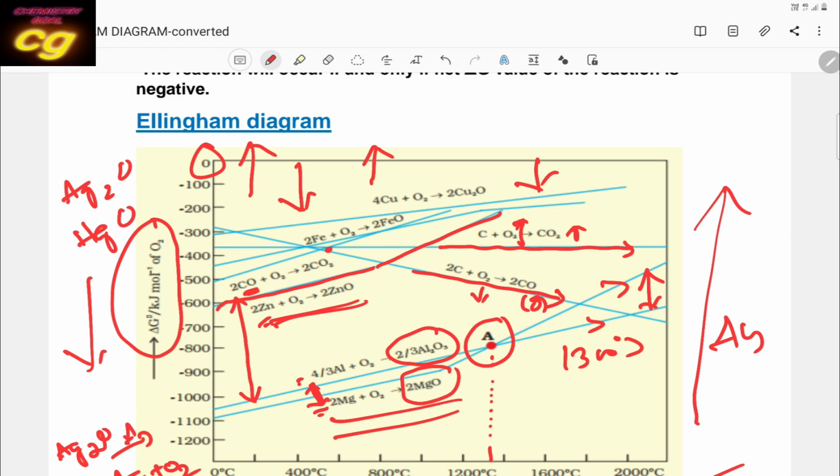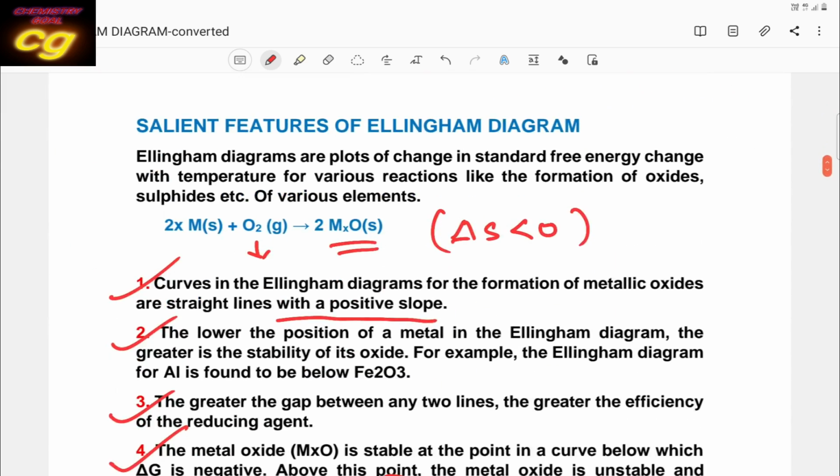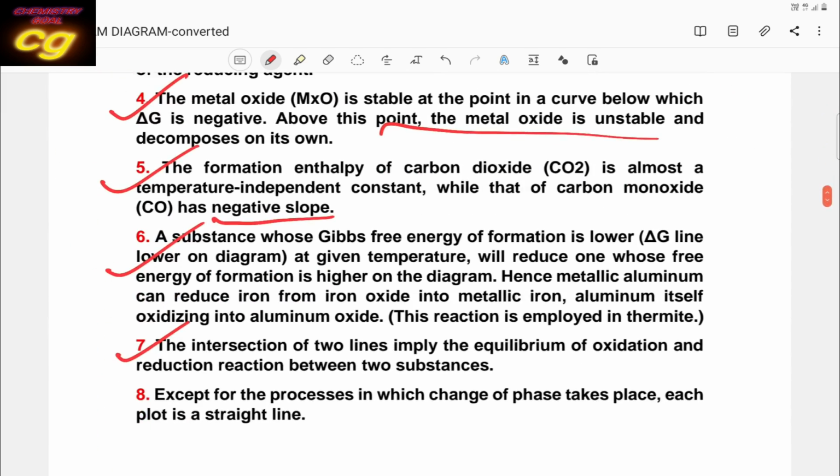The element whose graph is below can reduce the oxide above, so here CO cannot reduce ZnO. Many examples we will discuss afterwards, the applications of the Ellingham diagram. So this is regarding the salient features of the Ellingham diagram.